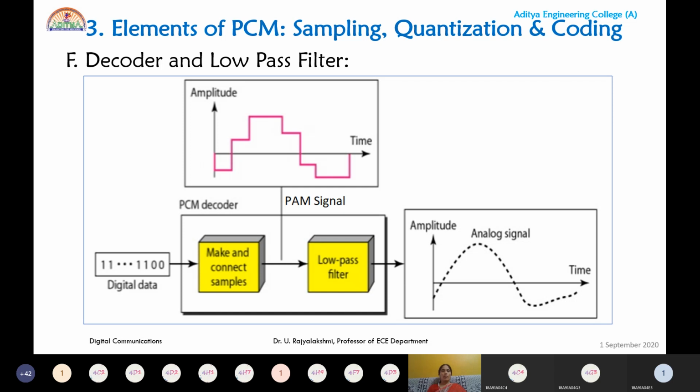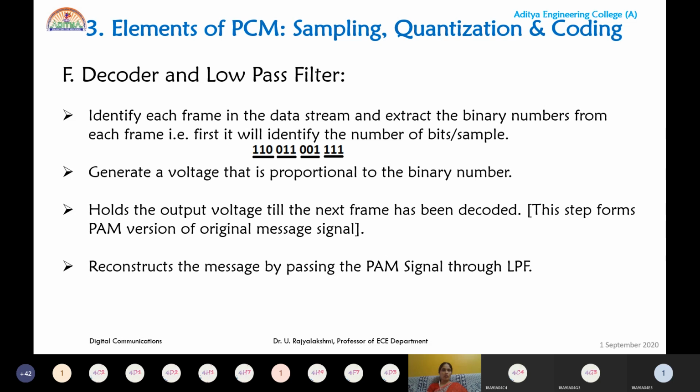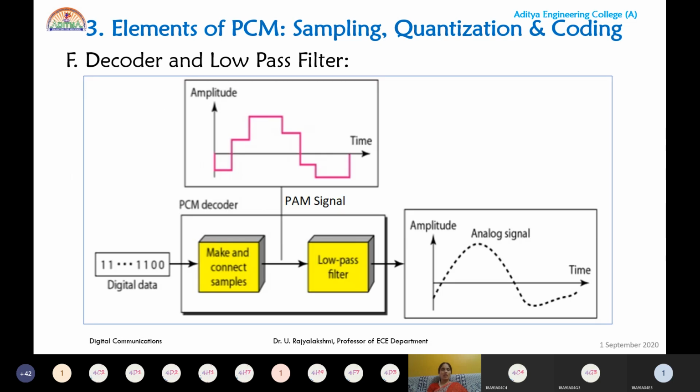Now please tell me, what is the input to the decoder here? The input to the decoder is the output from the repeater section. It is a binary sequence, which is nothing but the regenerated PCM signal.